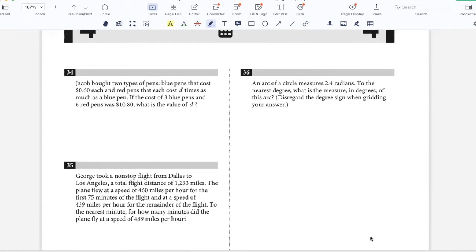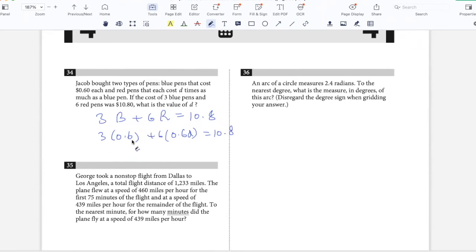Jacob bought 2 types of pens, blue pens that cost 0.6 and red pens that cost D times as much as a blue pen. The cost of 3 blue plus 6 red is 10.8. What is the value of D? So blue is 0.6. So 3 times 0.6 plus 6 times 0.6D is 10.8.